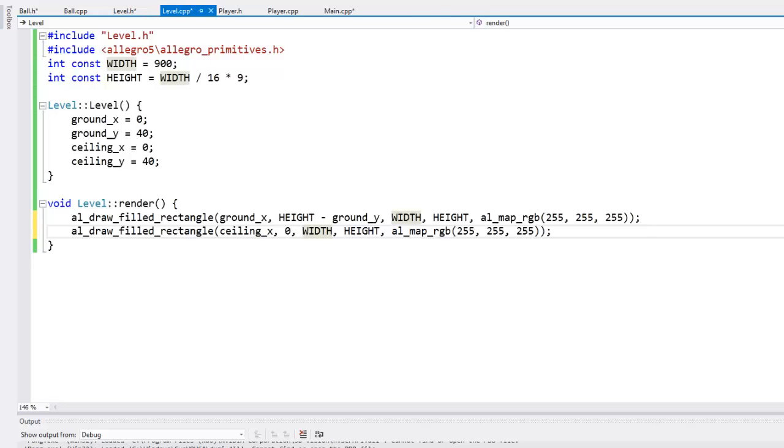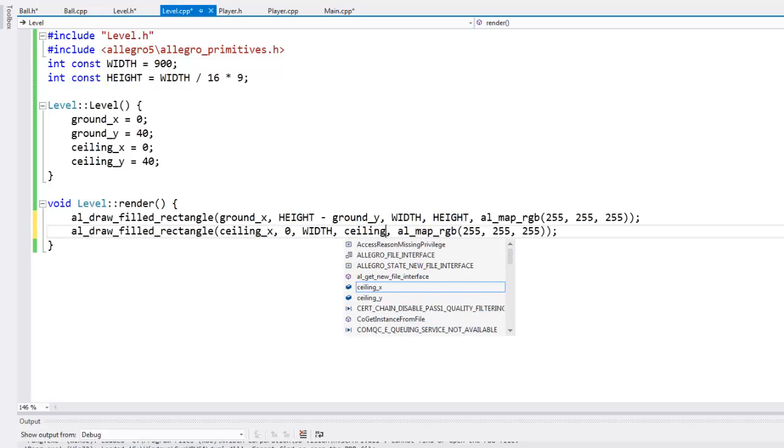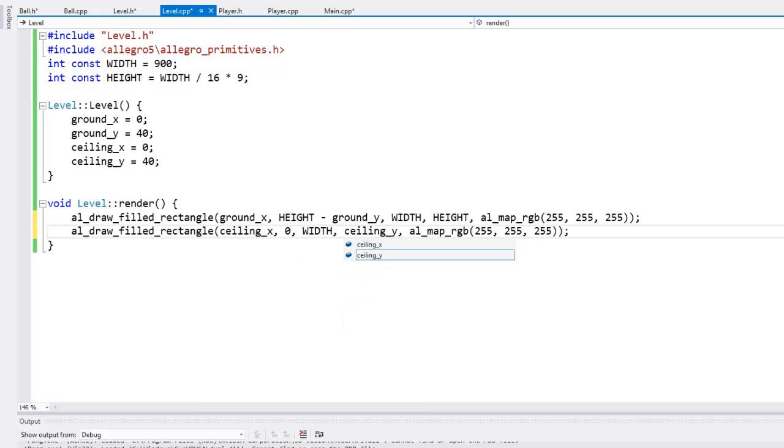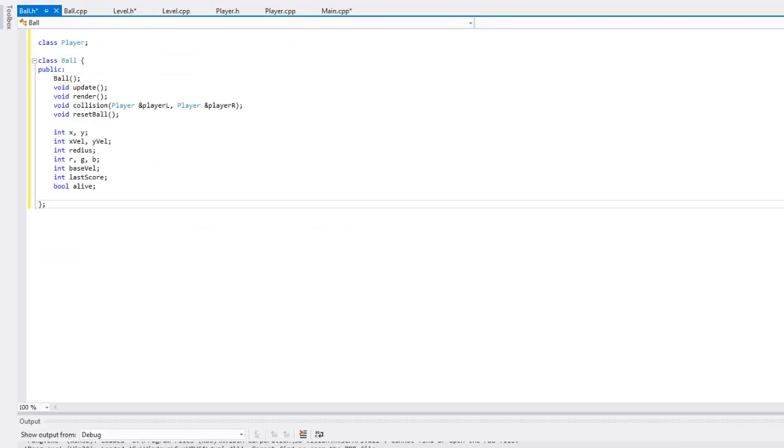This is just going to be width, and instead of height, we're going to put ceiling Y, and it's going to be white again. So yeah, and I guess we could start our ball.